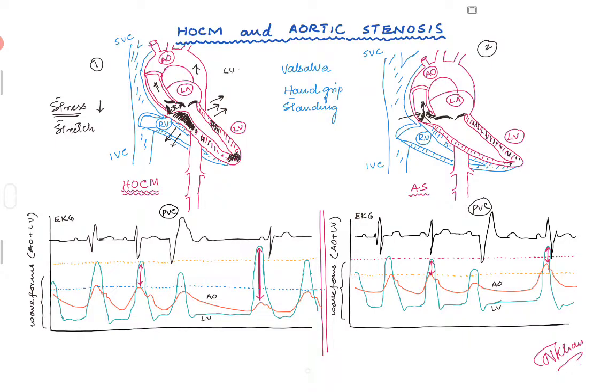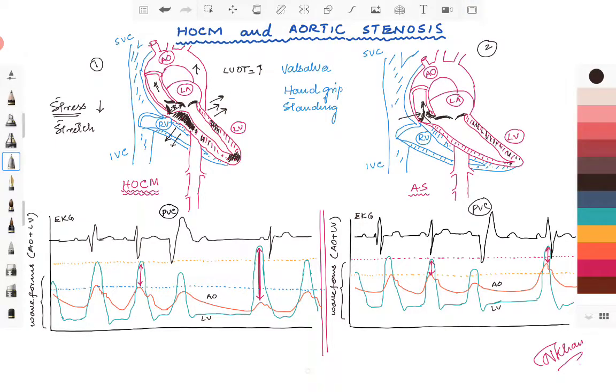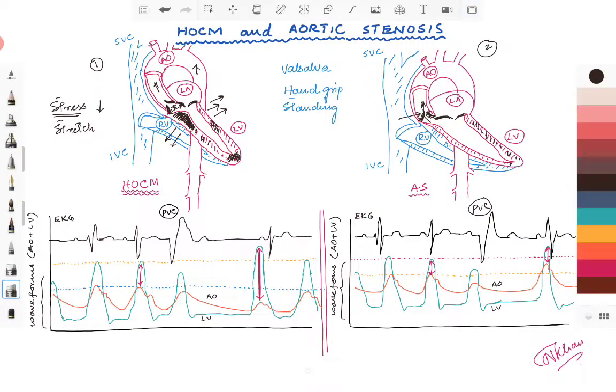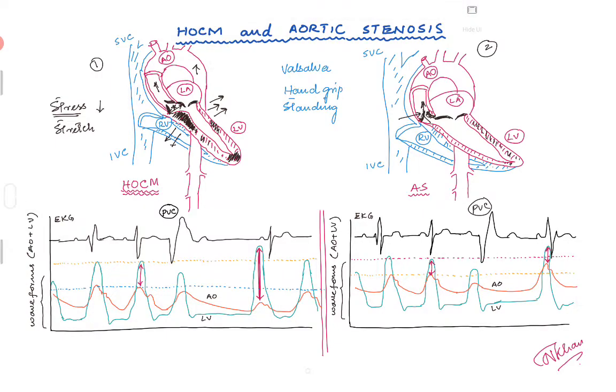So the LVOT diameter will go up. I just want you to grab this concept as we will talk about different murmurs, and then last but not the least, some of the graphs that we need to know about. So again, more stress on the heart, more stretching of the left ventricle muscles, more stretching of the LVOT, and the LVOT diameter will increase and the murmurs will go down.